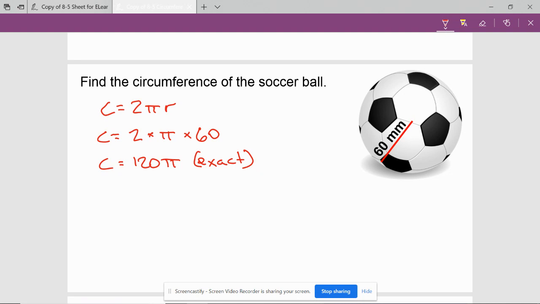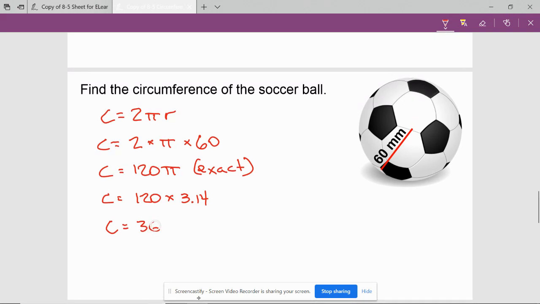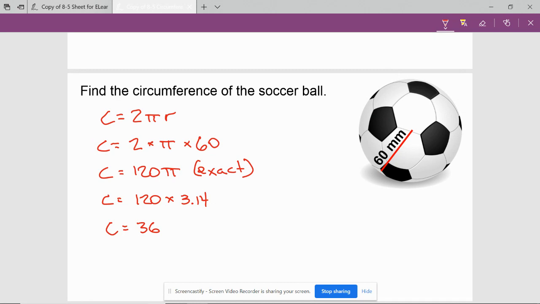So let's go ahead and multiply out and finish the problem, 120 times 3.14, which is our approximation for pi. So we're going to get C equals 376.8 millimeters.